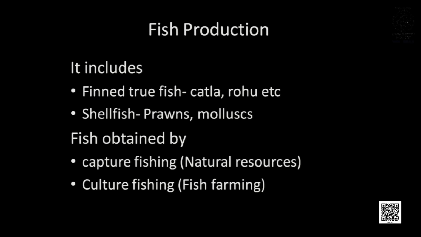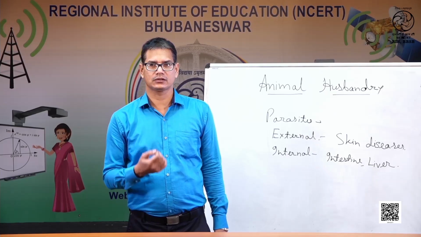Now, next one is fish production. There are many sources: marine, freshwater, and we obtain a large number of fishes each year, and coastal people depend on it. It includes finned fishes, examples are catla, rohu, etc. And also it includes shellfish like prawn, in Hindi it is called jhinga, and mollusks.